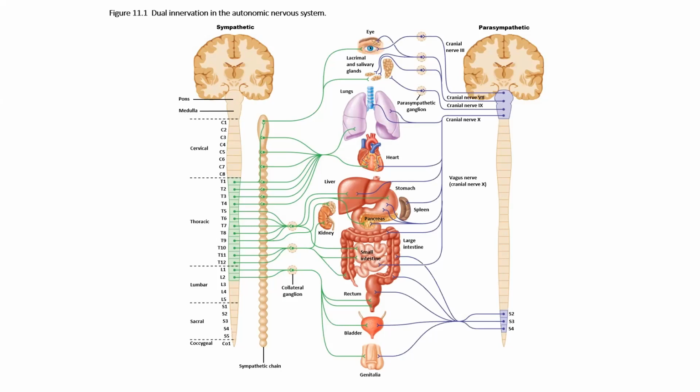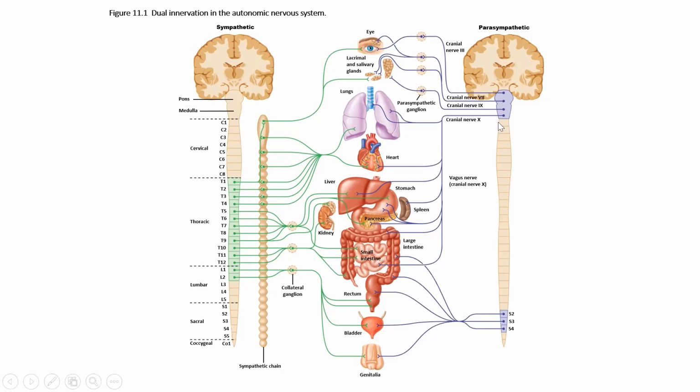It's not exactly equal. It's slightly more parasympathetic influence, but it's the shared influence of both of these divisions of the nervous system. Alrighty. And so when we look at the anatomic location of the fibers of the sympathetic system, they come from the thoracolumbar segment of the spinal cord. So the spinal segments T1 to L2 here, whereas the parasympathetic fibers arise from two completely different areas of the spinal cord and brain.